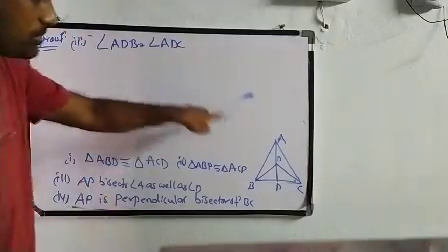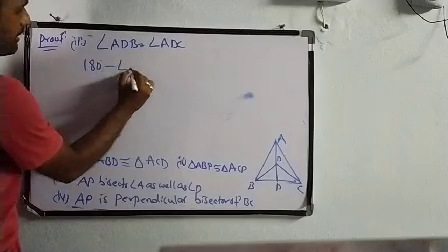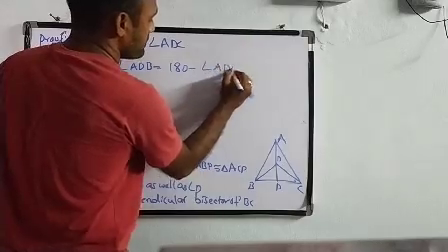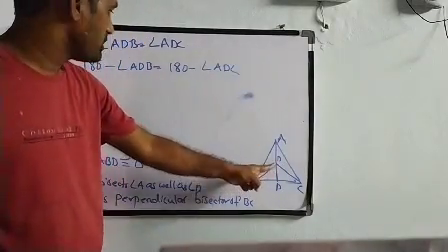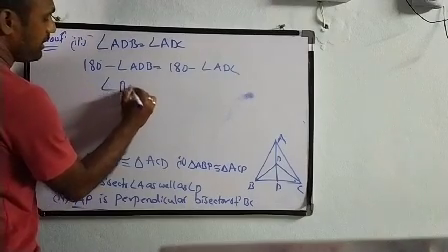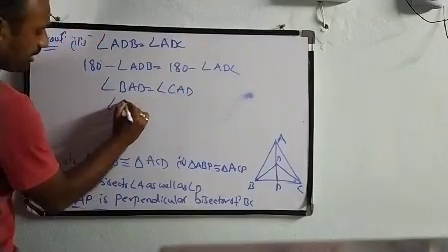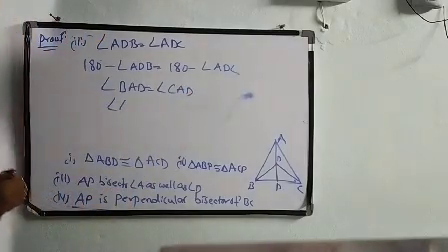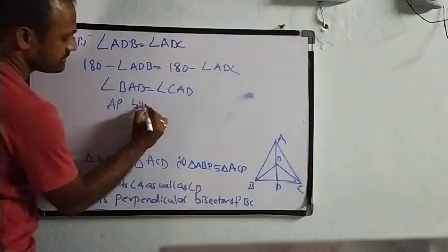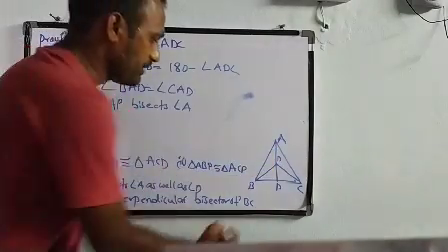If I subtract both from 180, it will become 180 minus angle ADB equals 180 minus angle ADC. On a line it will be 180 degrees. So it will become angle BAD equals angle CAD. It means that AP bisects angle A.